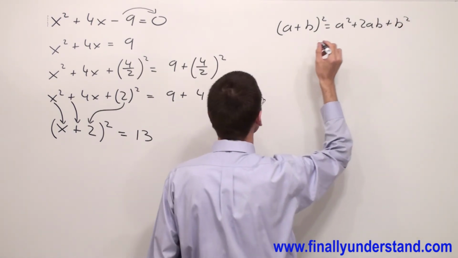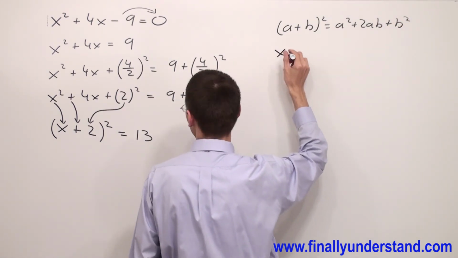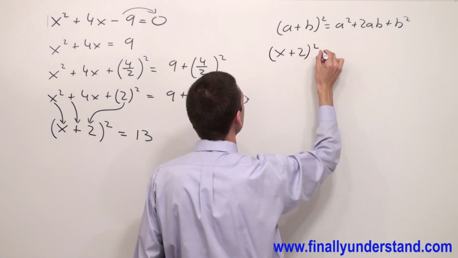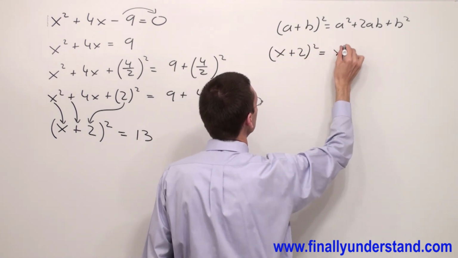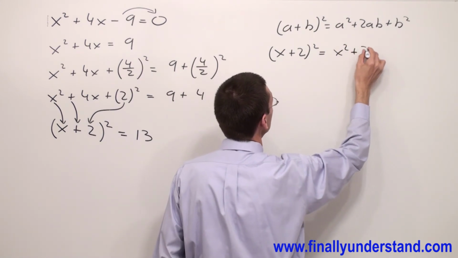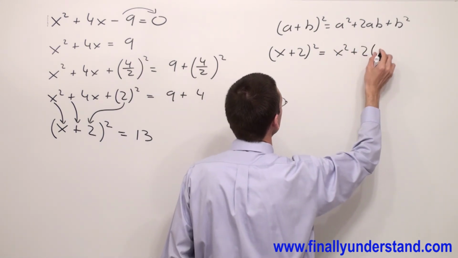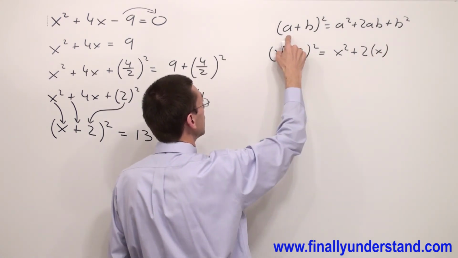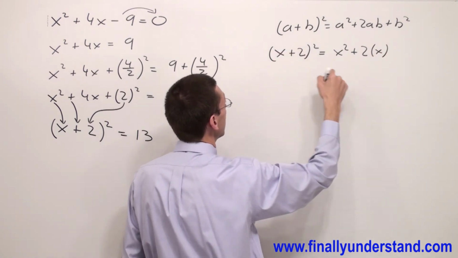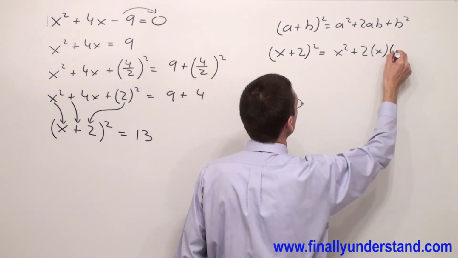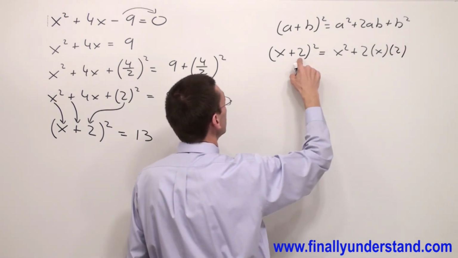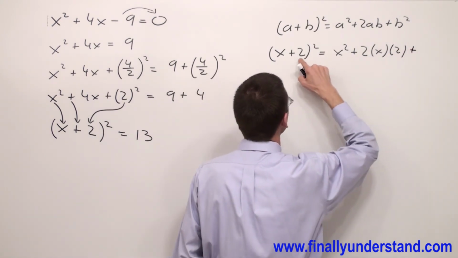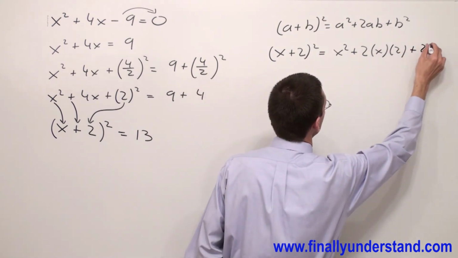In our case, we have x plus 2 to the second power equals x squared plus 2 times x, because my x is represented by a, times 2, because this is my b, we can say, plus 2 to the second power.